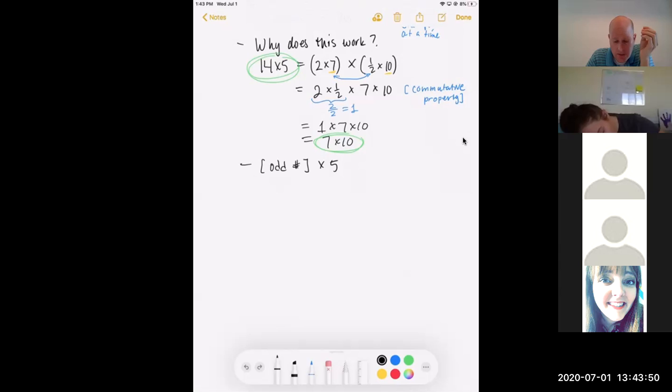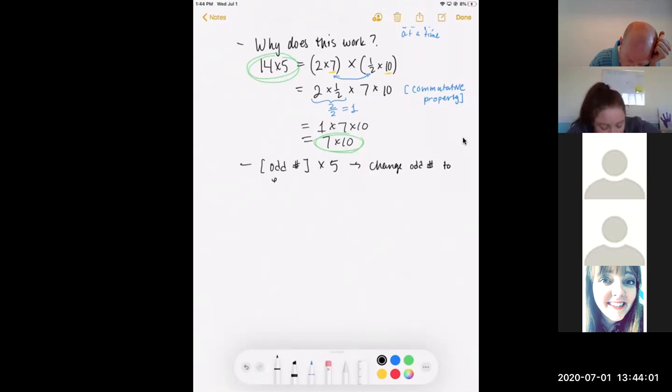So an odd number times 5. You want to change the odd number to an even number plus 1. That way we can get back to the even number idea.